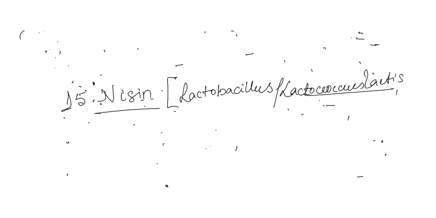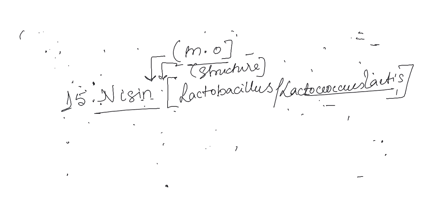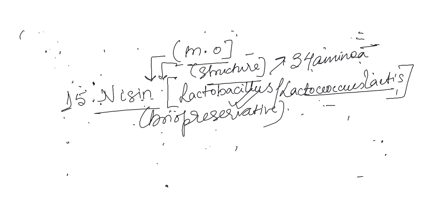So if you happen to see this, obviously you will be focusing on nisin and the microorganism that is responsible for nisin. Along with that, you can go for the structure also. The structure of nisin is usually 34 amino acids, as far as I remember now. So this part can be ticked off. This one is acting as a biopreservative. A biopreservative example is nisin, and two or three microorganisms you should be aware of.